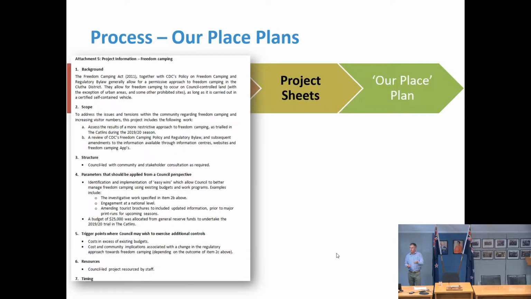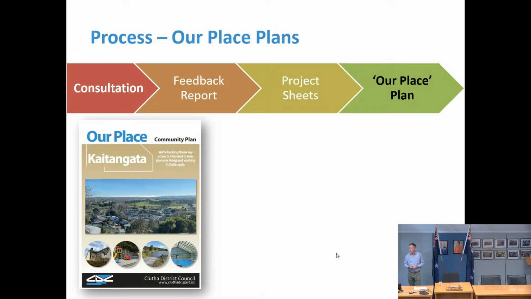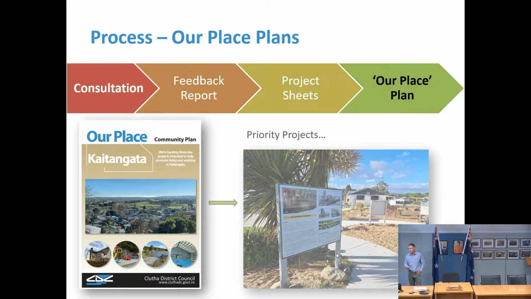That also goes to council for sign off, and once we've been through all of that, we eventually sign off our place plan. We'll get to it in a minute, but there's now 10 of those across the Clutha district.